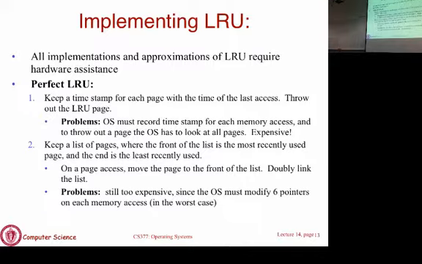Now if you want to bring this, you have to actually go through this to find it, because you know this is pointing here, but you don't know what's the one before it. Let's say you touch this page, you want to remove it from the list and bring it here. How do you know what's the entry behind it? You only know this page is pointing here. So you have to actually scan the list from the beginning to find this.